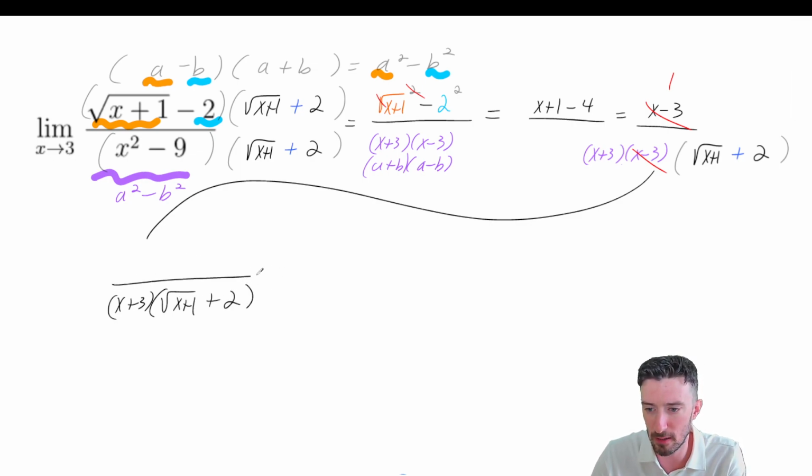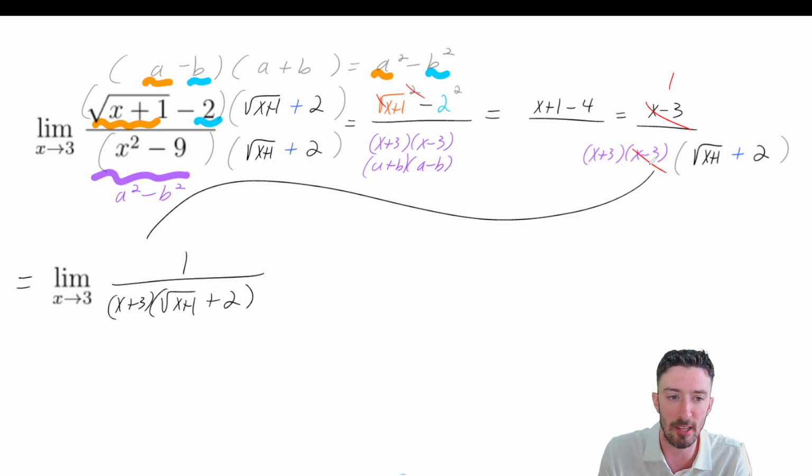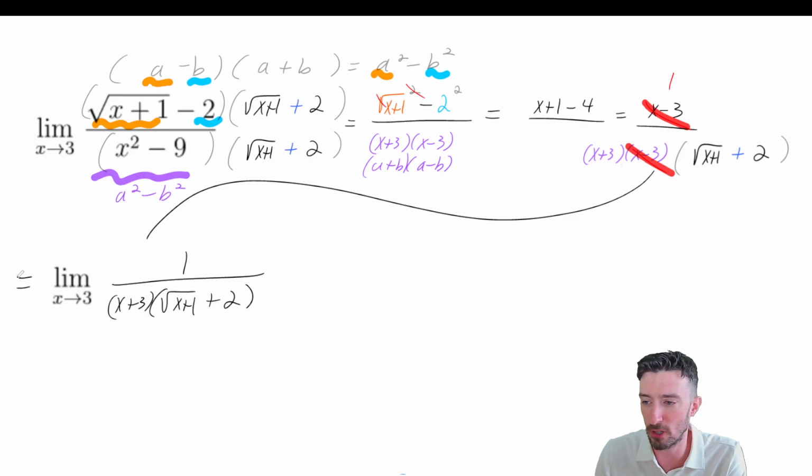And all of that goes in the bottom. And we still have the limit as x goes to 3. But because we canceled out that x minus 3, we are now good to plug in the 3. It's not going to cause a problem anymore.